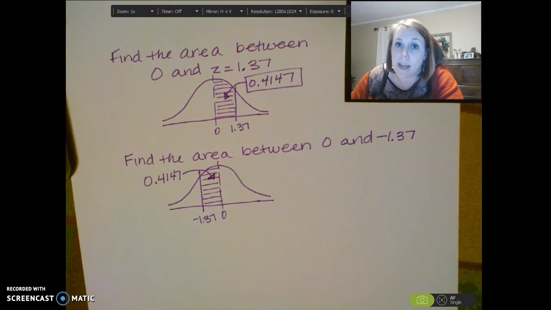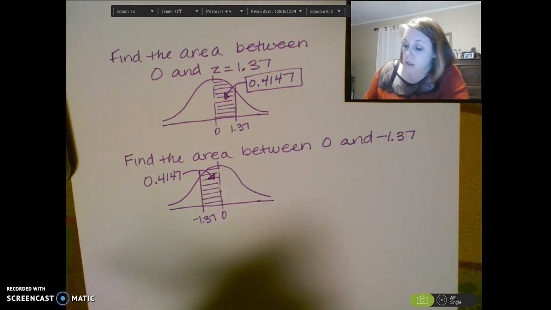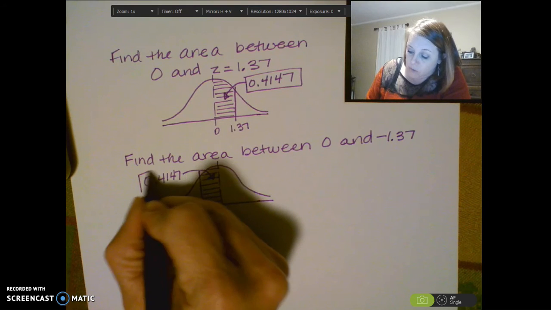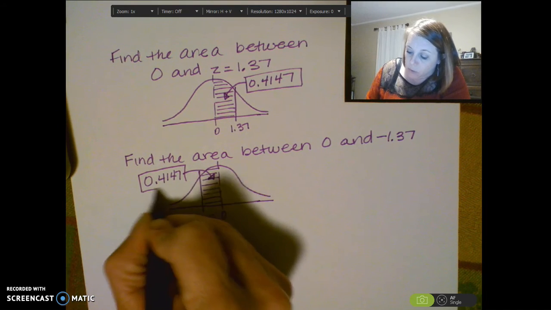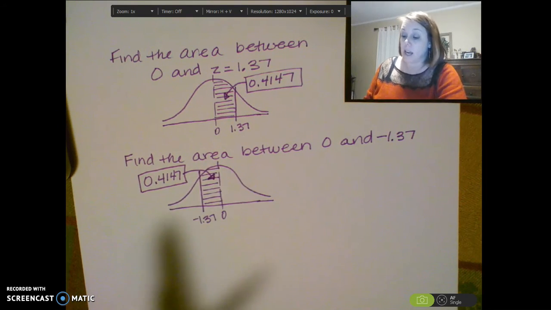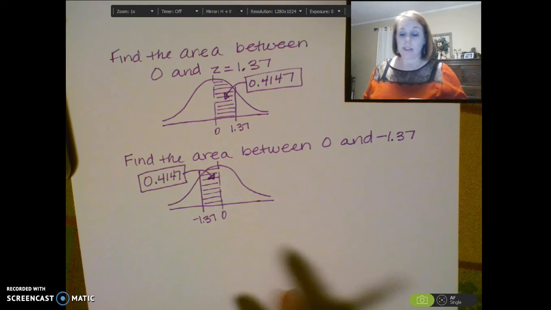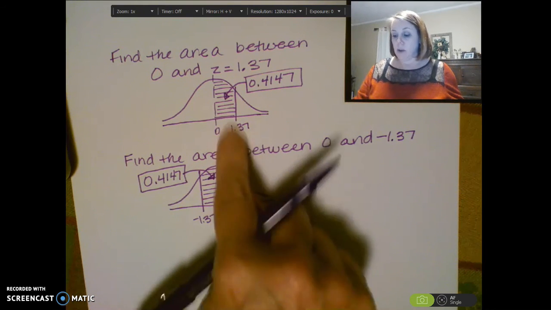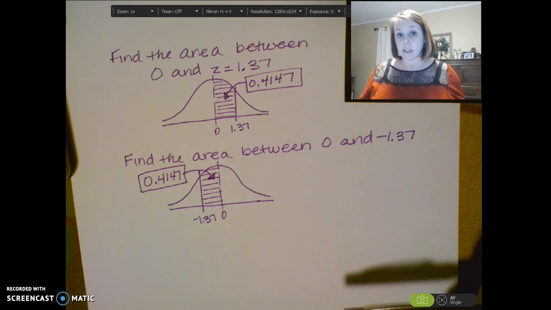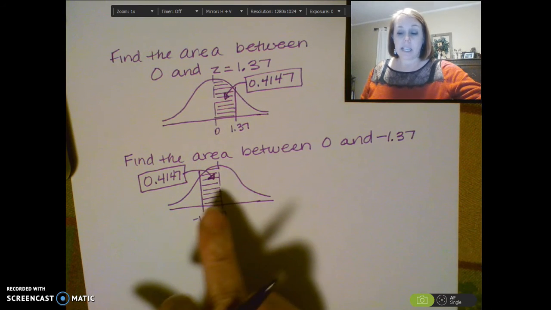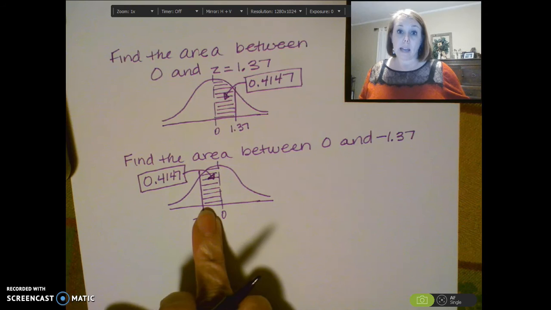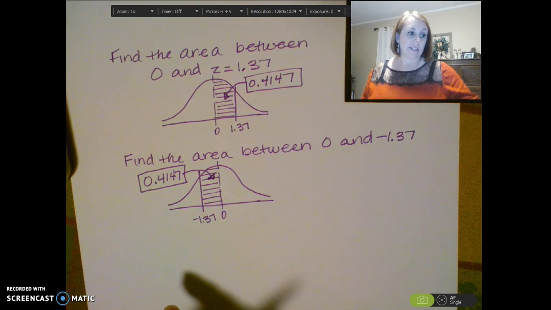You don't have a negative amount of area in your living room. It doesn't make sense. So areas are positive regardless of whether we're talking about the left side or the right side of the mean. Area is always positive. And that symmetric nature tells us that even though the values in the table are all positive values, we're still going to get the same area on the left side because of that symmetry in the graph itself.